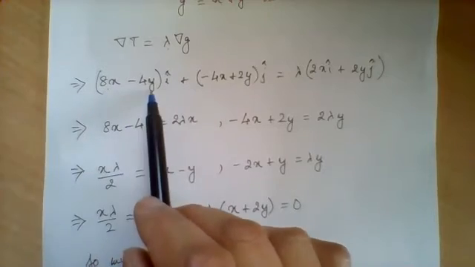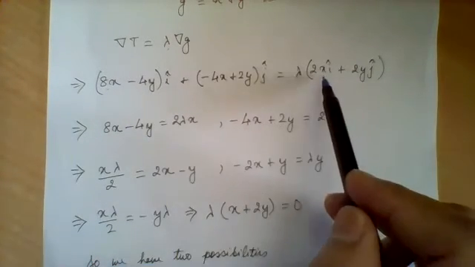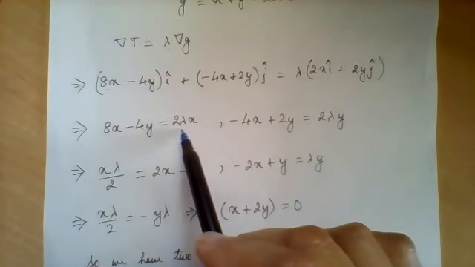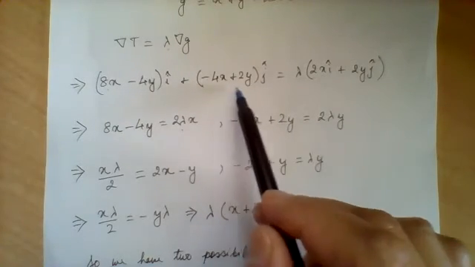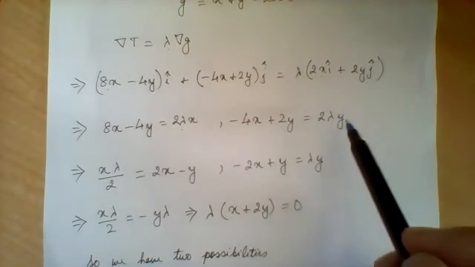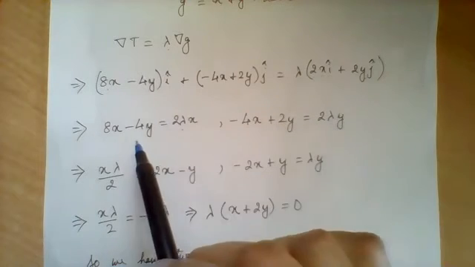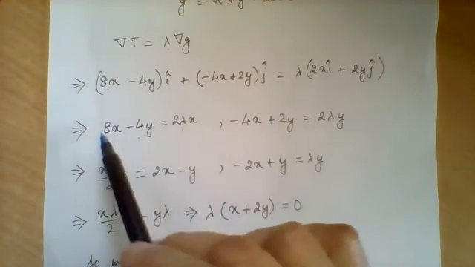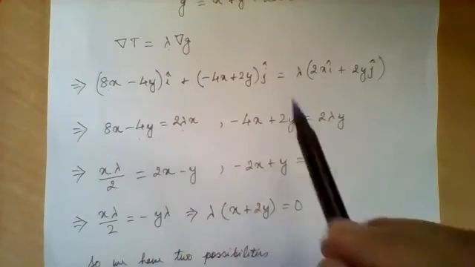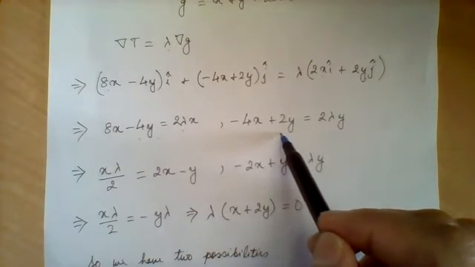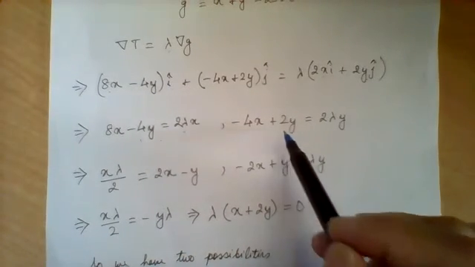So the x component is 8x minus 4y, equal to twice lambda x. And the y component is minus 4x plus twice y, equal to twice lambda y. This equation we obtain by equating the x components, and this equation by equating the y components. Then we simplify.